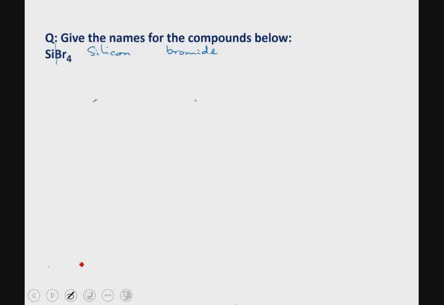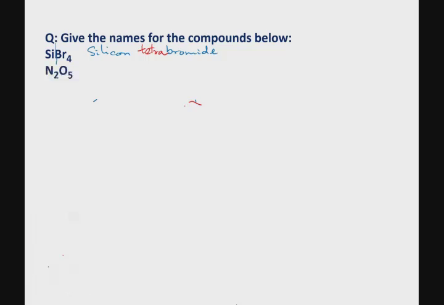Now what prefix would go with silicon? Mono. And silicon is the first element, so we do not write the mono, but there are 4 bromines in there, so tetrabromide. That's one word. So the name of the compound is silicon tetrabromide.